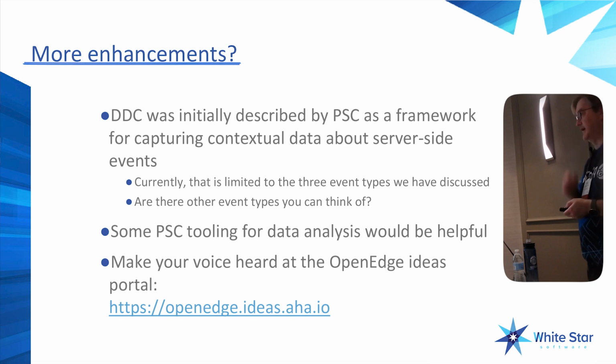So again, if there are events that you think would be useful to incorporate into DDC, please make your voice heard. It would also be nice if there was some parsing code from Progress to save us each the hassle of having to write that for ourselves. So maybe we'll see that in a future release as well.